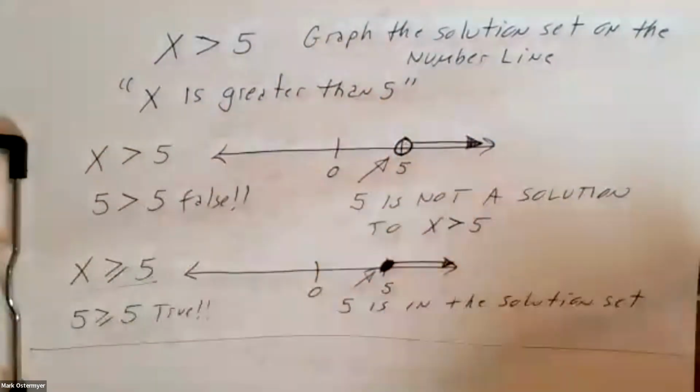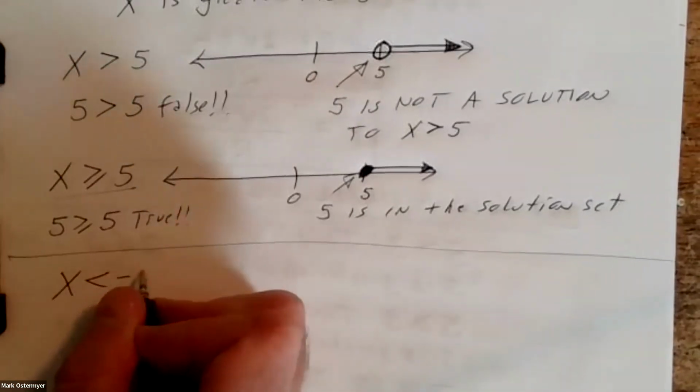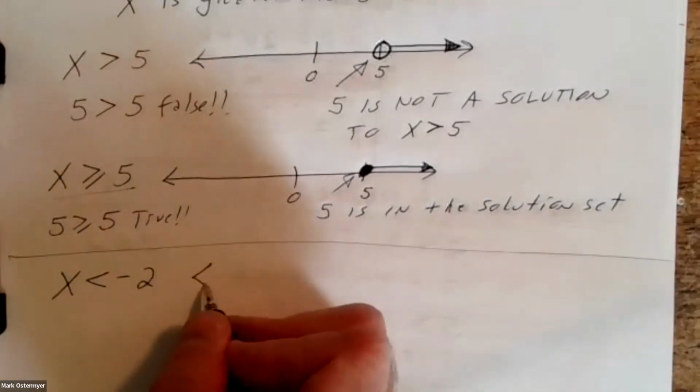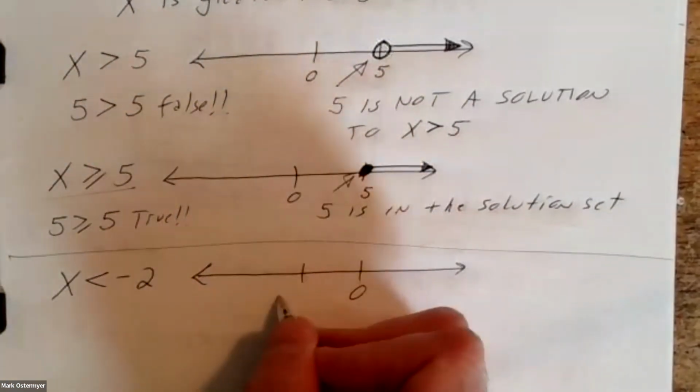All right, let's try another one here. Suppose I have x is, how do we read this? Our solution x is less than -2. Is -2 to be included in the solution set?